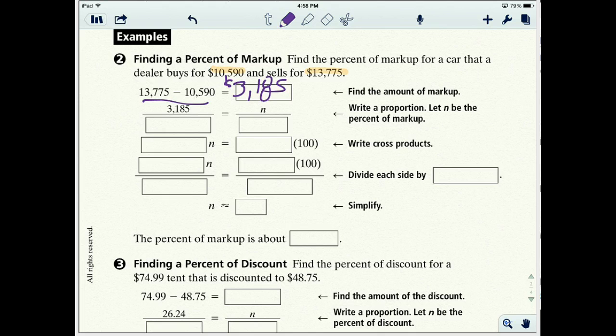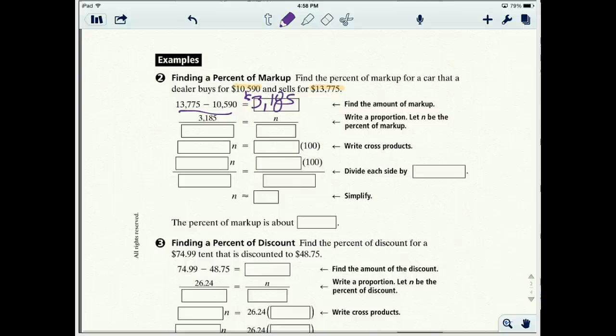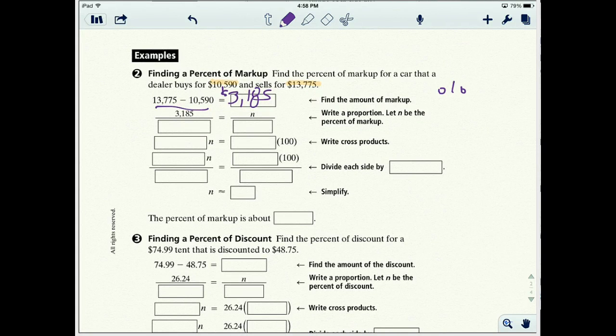Now we're going to set up our proportion. Remember again, I'm going to write it over here for you guys. It's going to be percent over 100%, and then our change over our original. We know our change, it's right here, so we're going to put the original down.